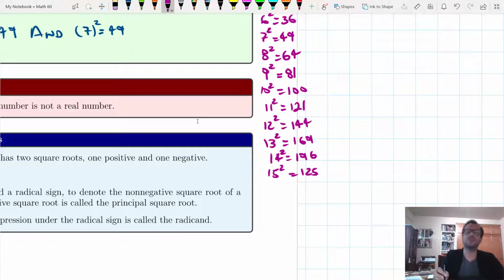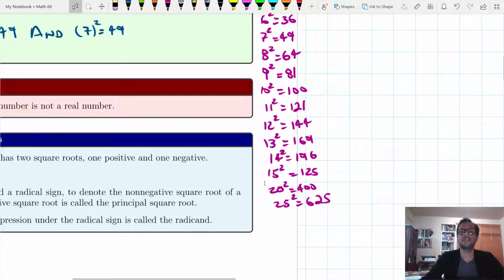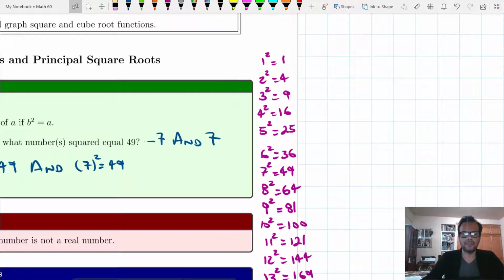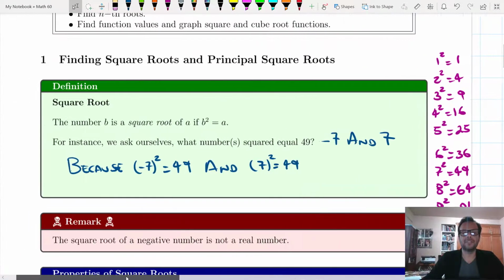We don't have to do all of them. Maybe the other very common ones: 20 squared equals 400, 25 squared equals 625. Okay, so let's keep going with the definition.